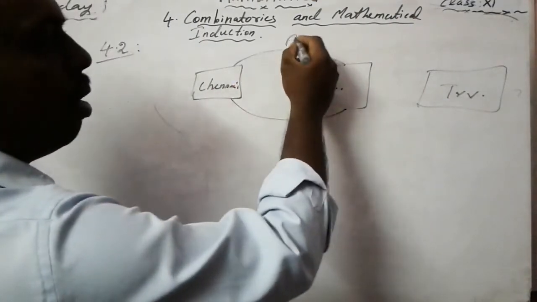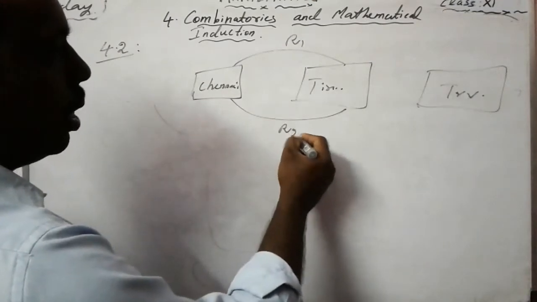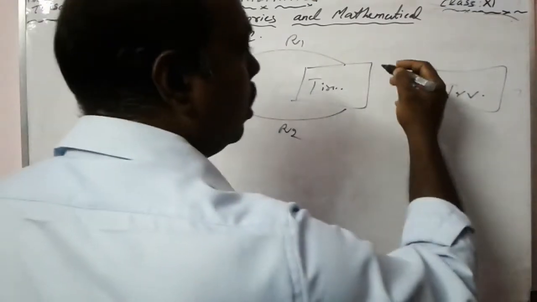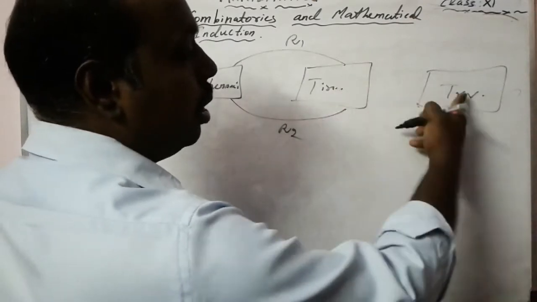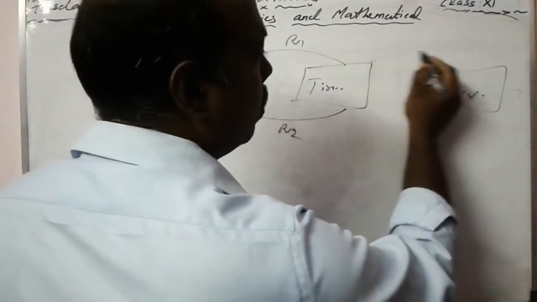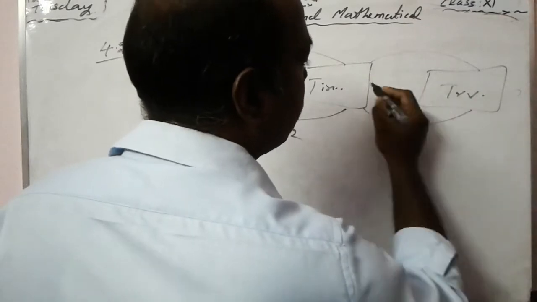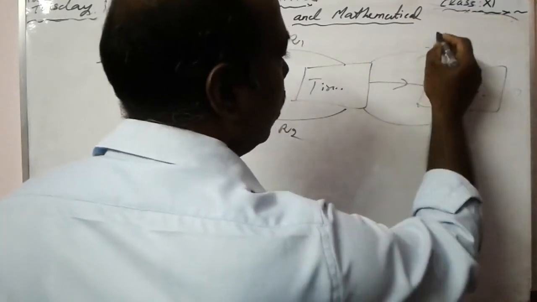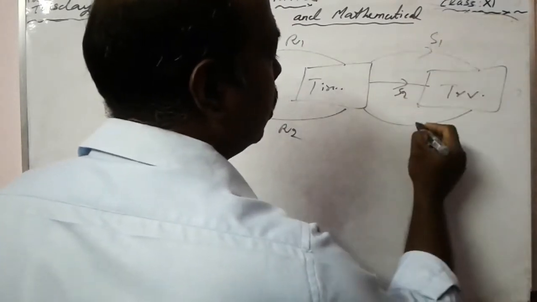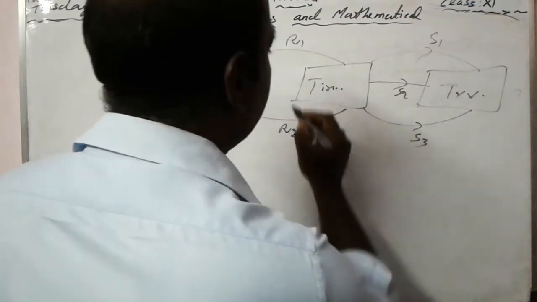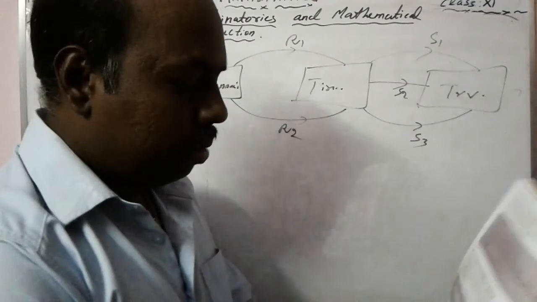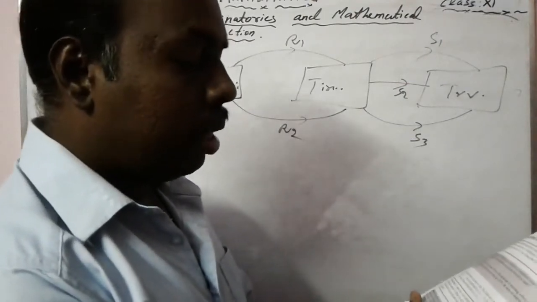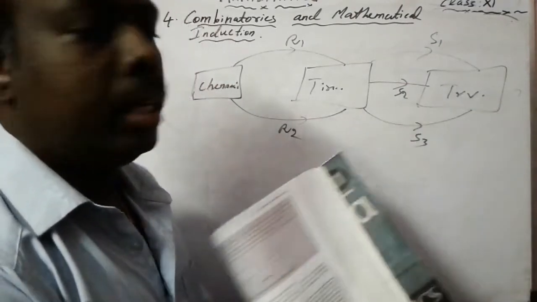So consider R1 the first road, R2 the second road. And from Tiruchi to Tirunelveli, there are three roads: S1, S2, S3. So we have to find the total number of ways of traveling from Chennai to Tirunelveli.